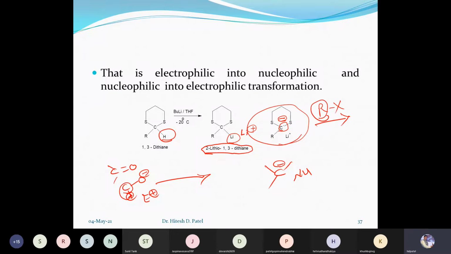Here R may be alkyl, phenyl, or some substituted phenyl, and X means halide. Halogen has a tendency to pull electrons, so we get R plus, and that R plus binds to the carbon, giving substitution on carbon.